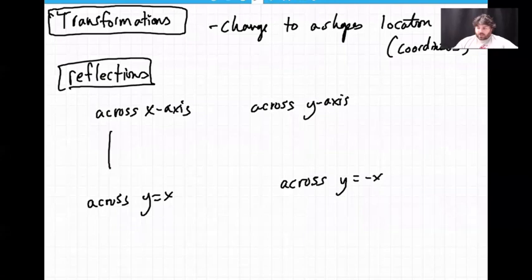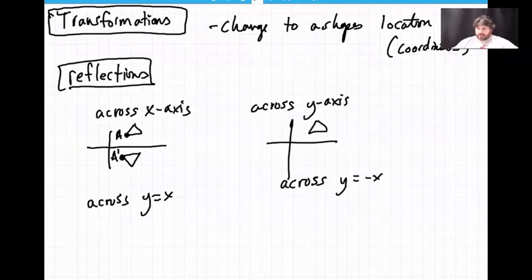If I'm looking at just this triangle here, I'm going to note A is down here. A prime would be down here, where A prime is the name of the shape after I transform it. I flip it over, it becomes prime just to show the before and the after. So that's a reflection across the x-axis. It's like a mirror image across the x-axis. It flips over like a pancake.